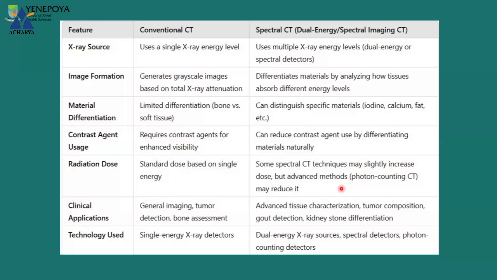In these cases the radiation dose might be slightly higher. But with advanced methods like photon counting CT, you can usually reduce the radiation dose. The dose may increase in some types of acquisitions and decrease in others.